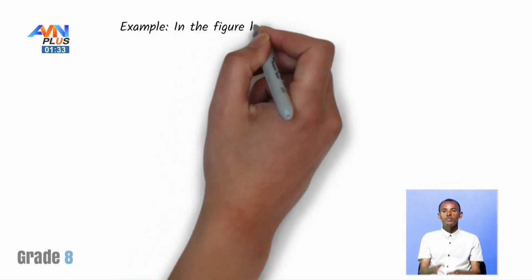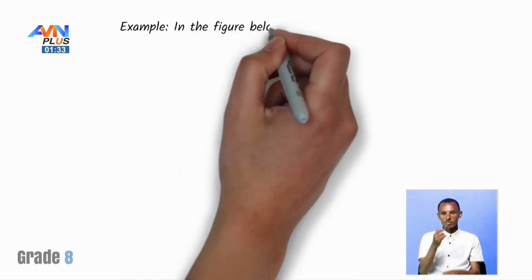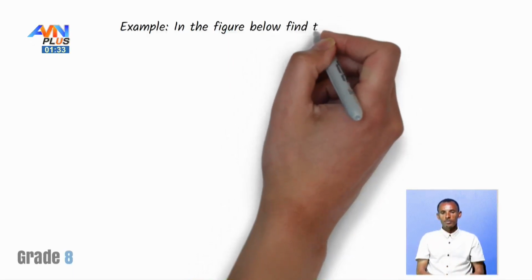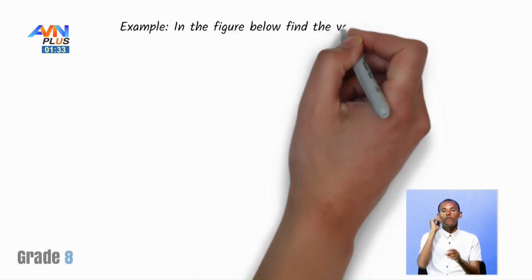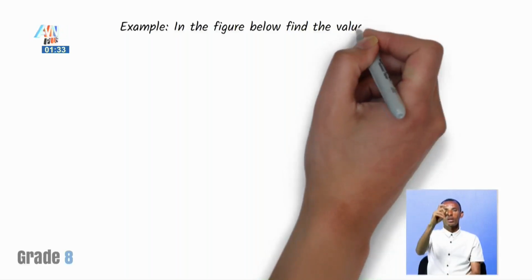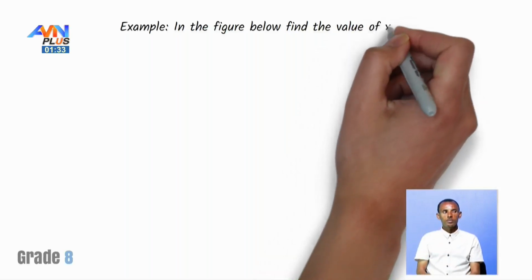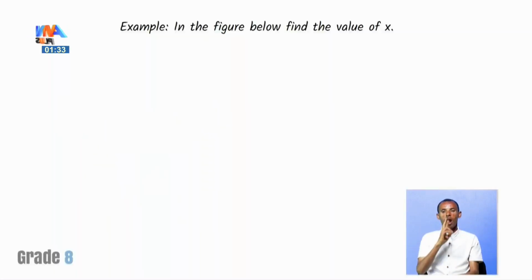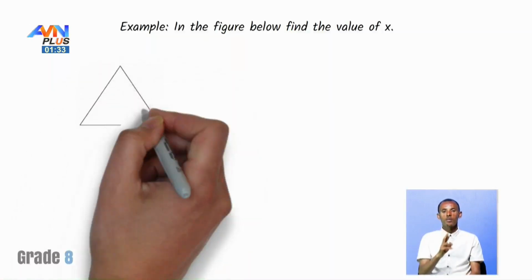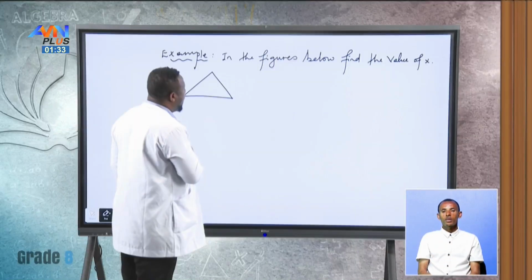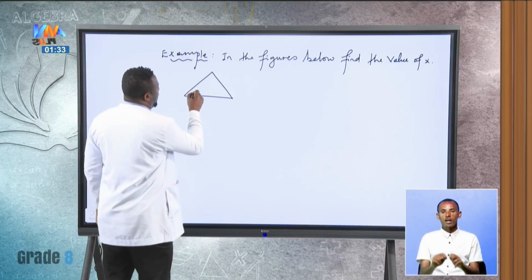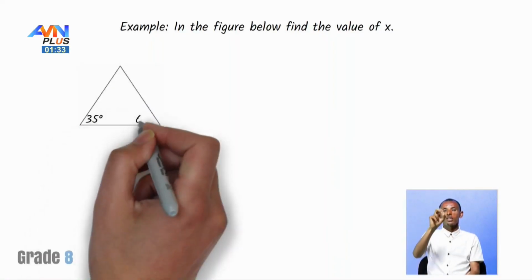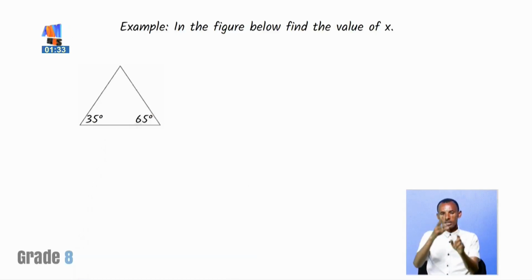In the figures below, find the value of x. One of the figures is a triangle with angles 35, 65, and 2x.